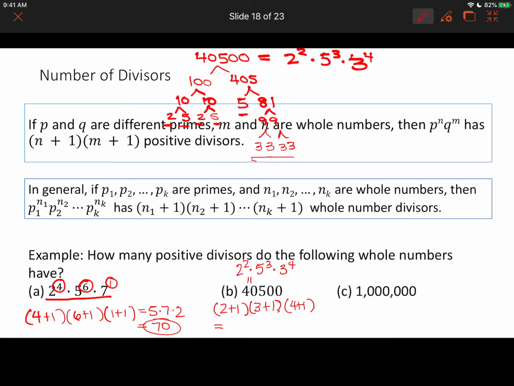And so what is that? I'm going to get 3 times 4 times 5. 4 times 5 is 20, times 3 is 60. So 60 positive divisors of 40,500.